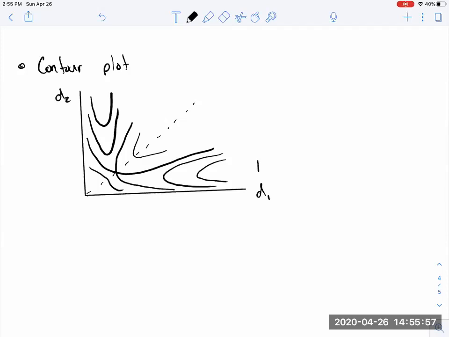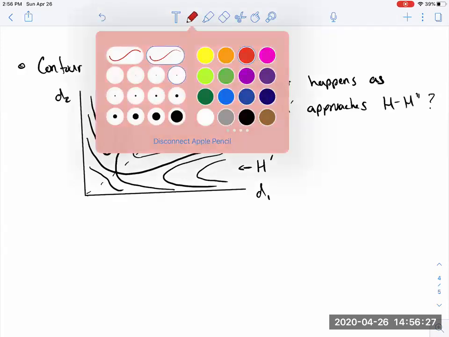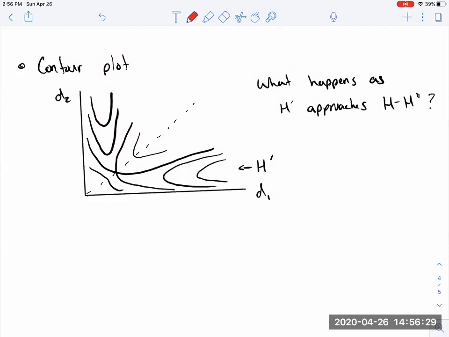So let's imagine now we send in that H prime. What's going to happen? Well, there's a couple of things that could happen, right? We could imagine that H prime comes in.